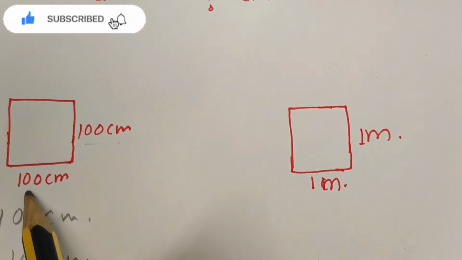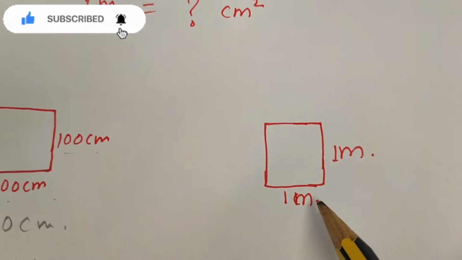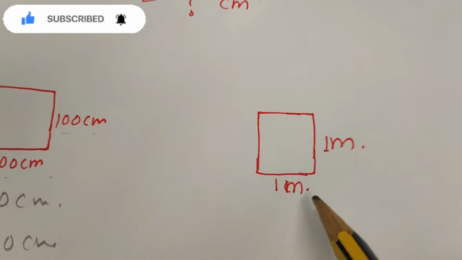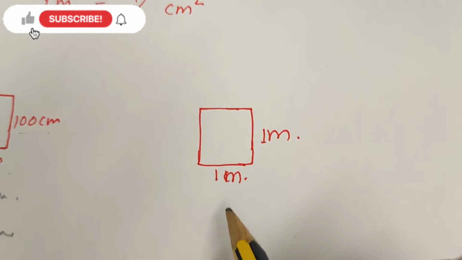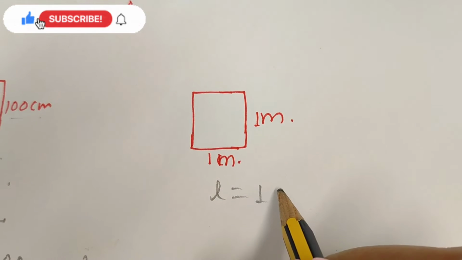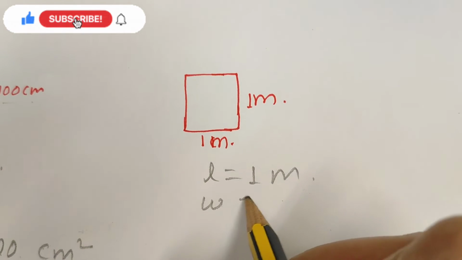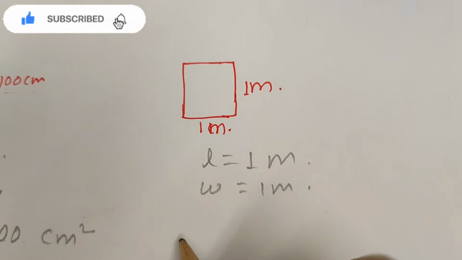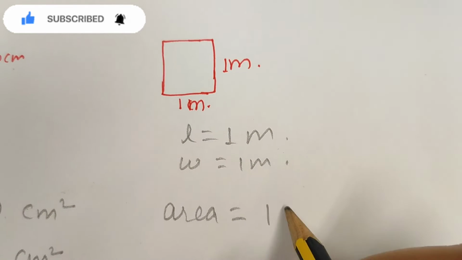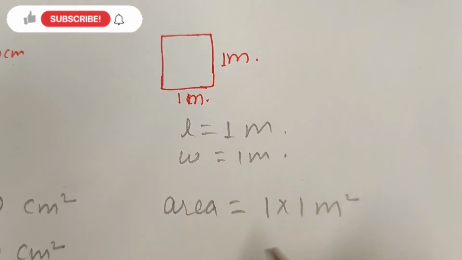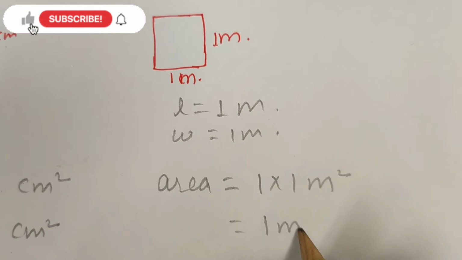Now, can I write 100 centimeters as 1 meter? That's how I change the units here, which is nothing. It's the same square, right? Now, can I find out the area? The length is 1 meter. What is the width? 1 meter. And area is 1 times 1 meter squared, which is 1 meter squared.